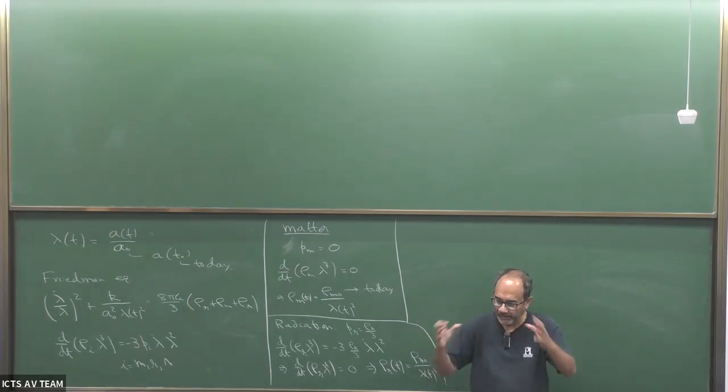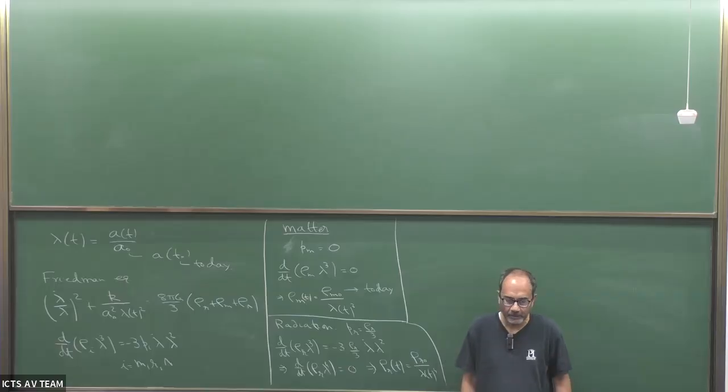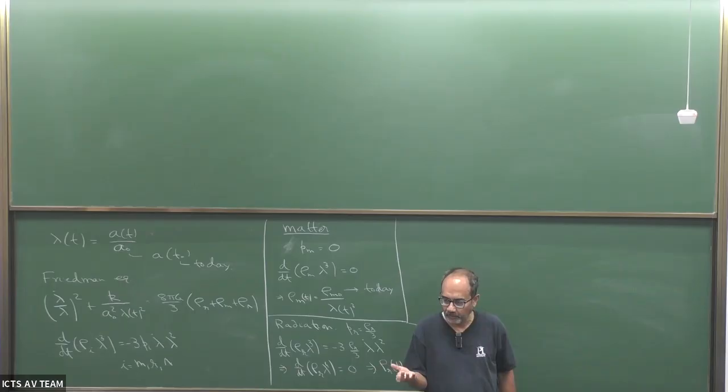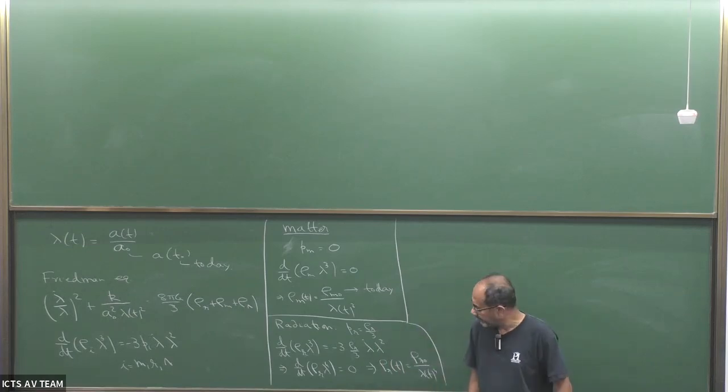So the total energy is not fixed in a co-moving volume. If the total energy in a co-moving volume was fixed, then you would get 1 over lambda cubed. But because of this expansion, it's working against pressure, just like an expanding gas loses energy because it works against external pressure. That's another way of understanding why it's 1 over lambda to the 4.